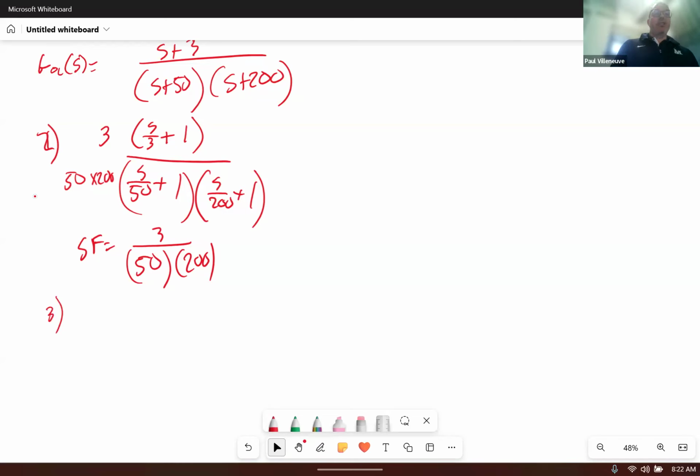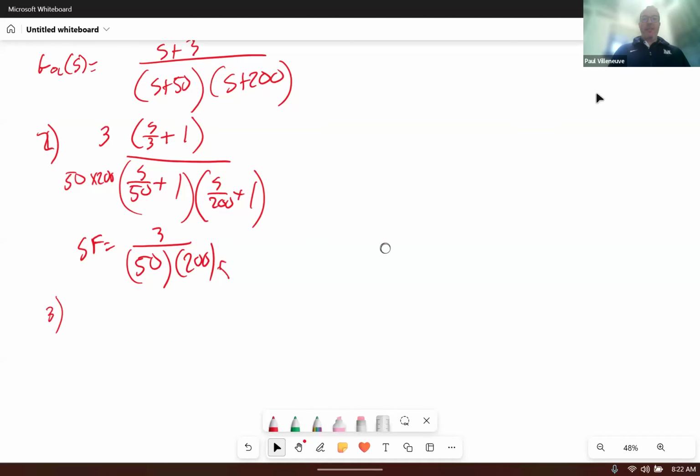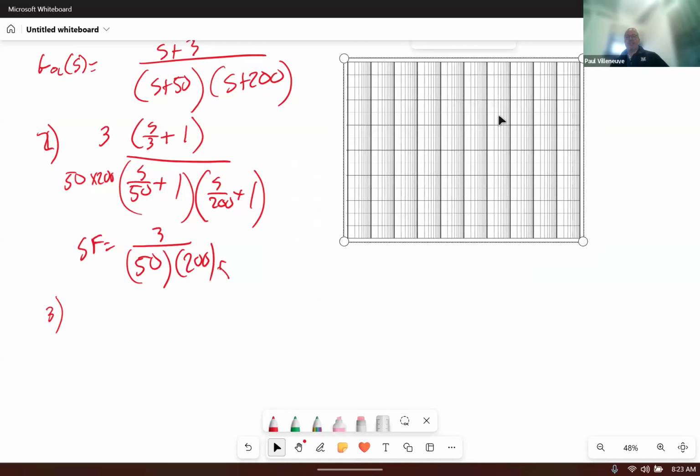So the first thing I need to do is find out what this is in dB. Why are we doing that in dB? Because we're using our Bode plot. And I'm going to plot that here. What type of paper is this? Semi-log paper, right?